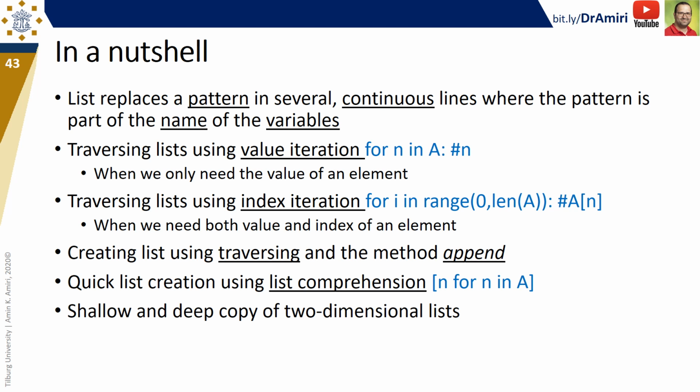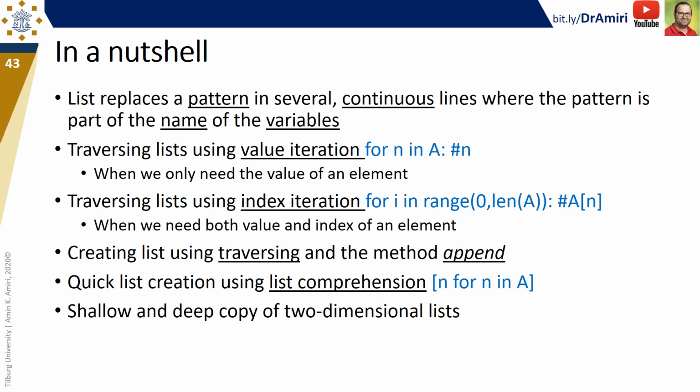Then you can replace them with a list. We also learned that to traverse a list, we can use value iteration using the in operator, and then use exactly the value inside the for loop.